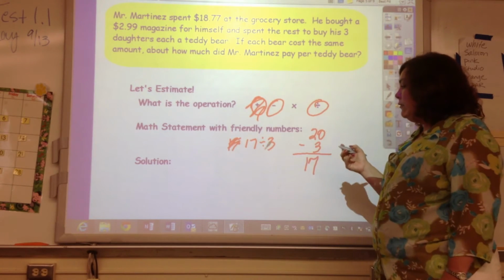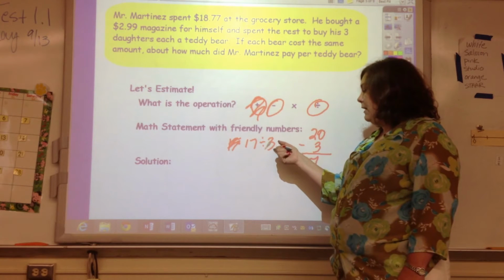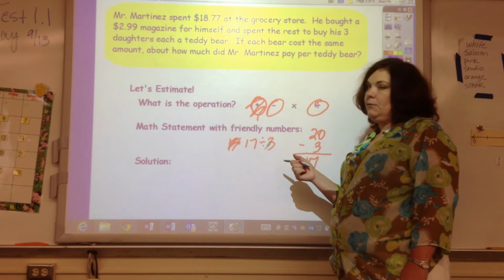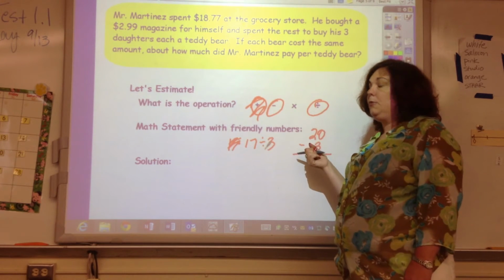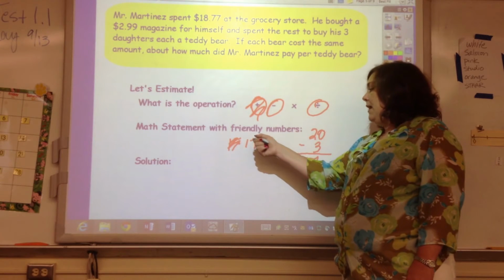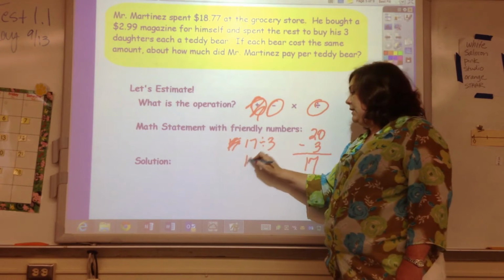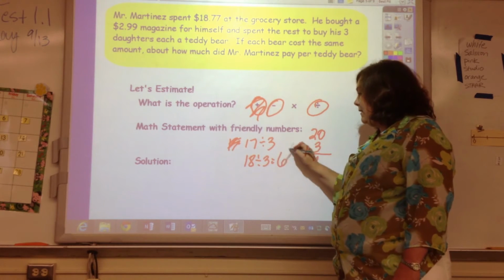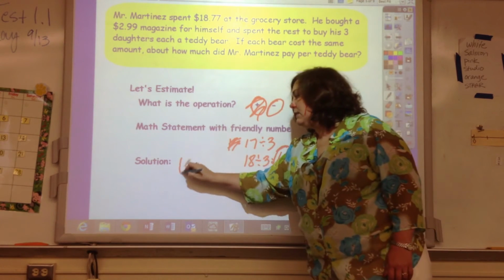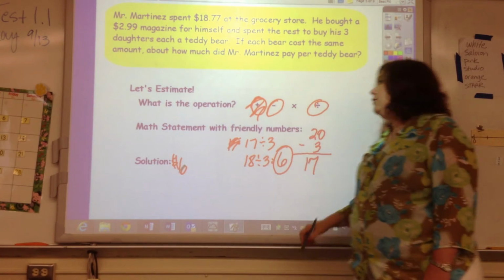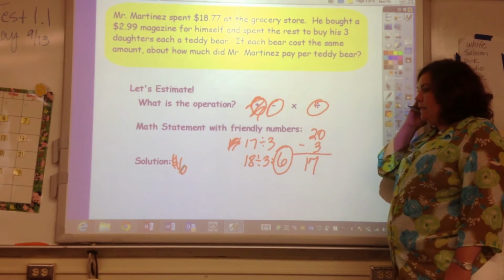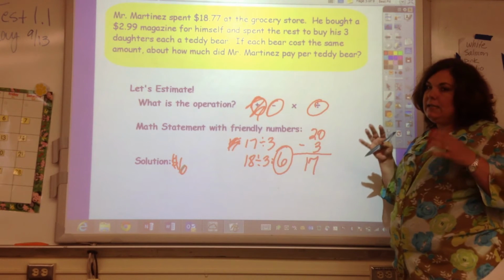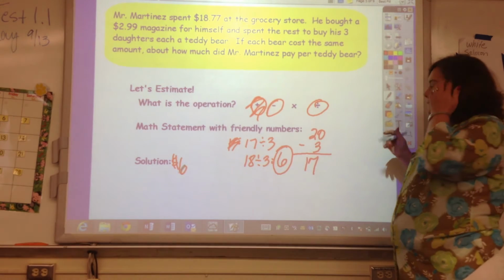So what is that close to that's divisible by 3? Well, either 18 is divisible by 3 or 15 is divisible by 3. So I'm going to go 18 because that's close to 17. So 18 divided by 3 says that he spent $6. So $6 is my solution. So sometimes you have to really understand these and think through all the different steps.